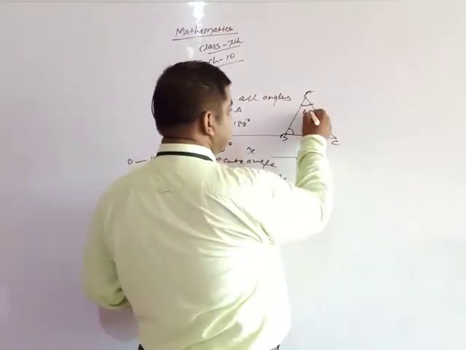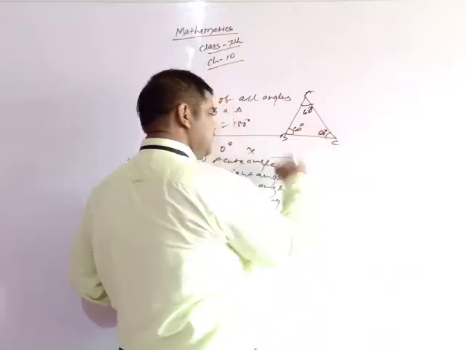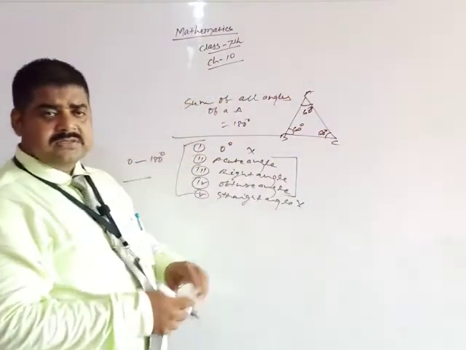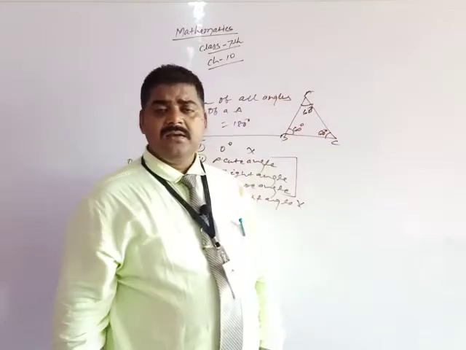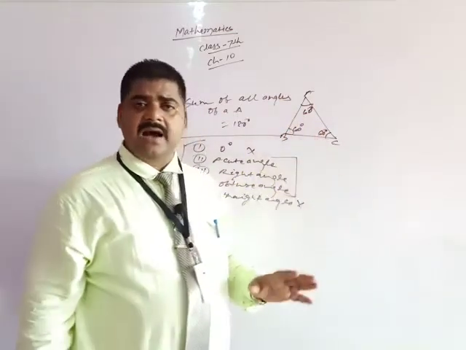Suppose this is 60 degrees, this is 60 degrees, and this is also 60 degrees. Then which type of triangle is this? An acute angle triangle, because all three angles are acute.